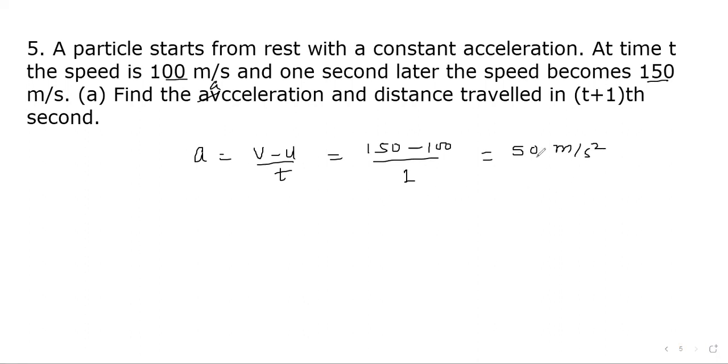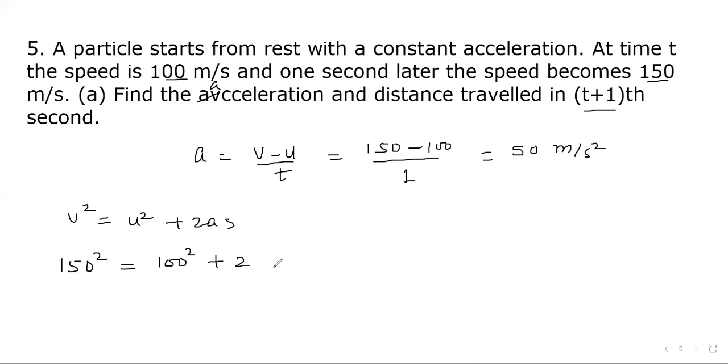Now, distance traveled in t plus 1 second. So we can apply the formula v square equals u square plus 2as. So velocity is 150 square and u square is 100 square plus 2 into a.